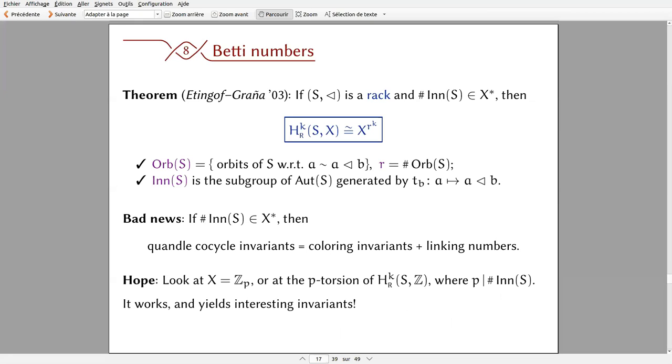And actually, this works. There are plenty of examples of racks where there is some non-trivial p-torsion, and this is what actually gives you the interesting invariants.